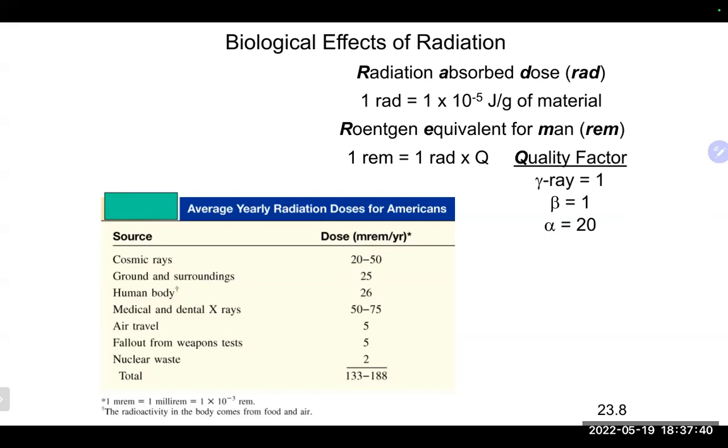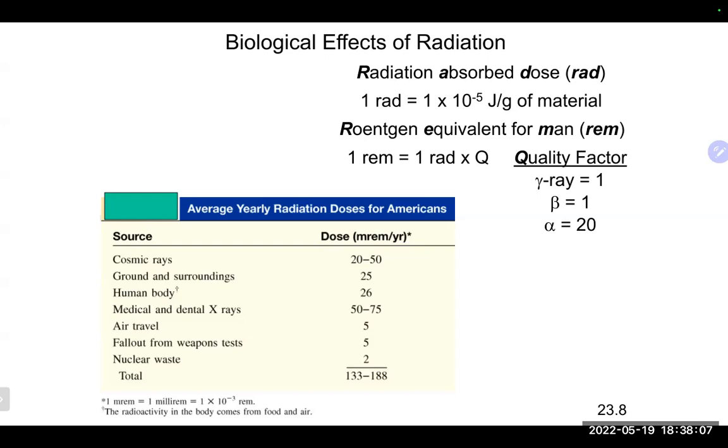Speaking of background radiation, sometimes we measure its biological effects in what is referred to as a rad or a rem, which is the man-equivalent of it. There's all kinds of exposure we get from the ground and our surroundings, depending on how many x-rays you take, air travel, whether you happen to live near fallout and weapons testing, or near nuclear waste.